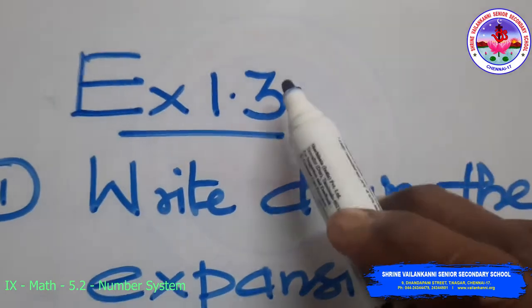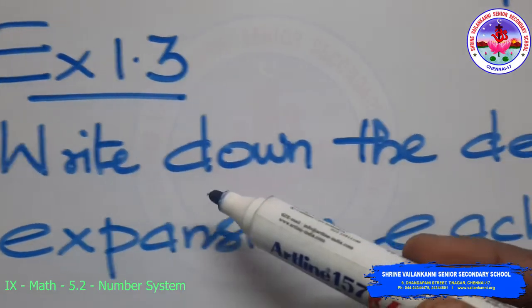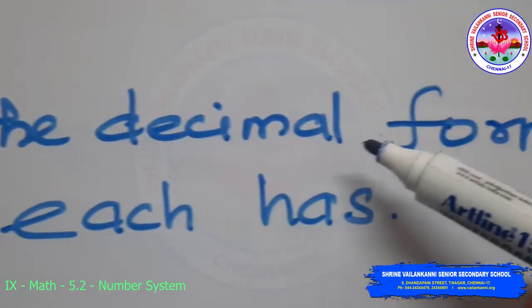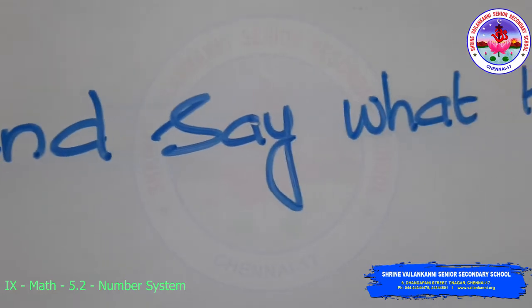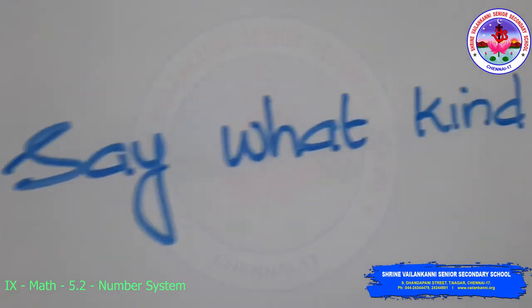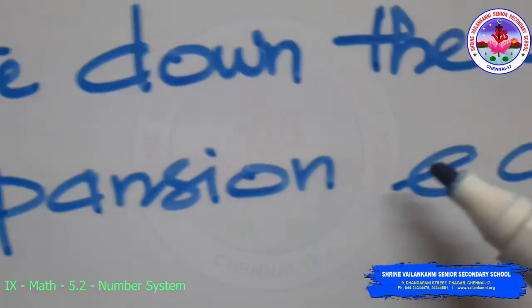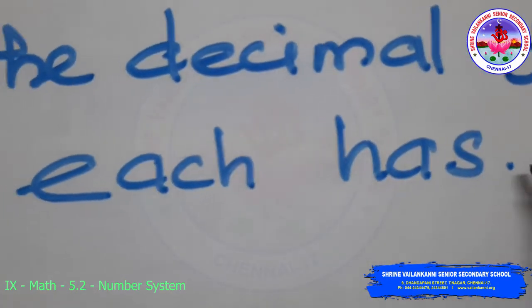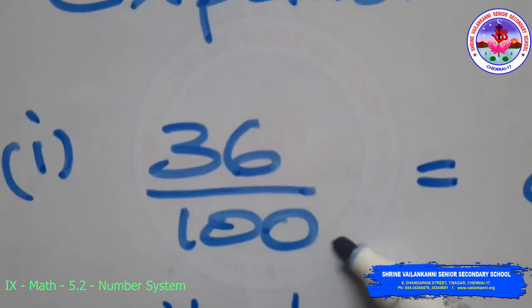Now coming to exercise 1.3, the first problem: write down the decimal form and say what kind of decimal expansion each has. So he has given the fraction 36 by 100.